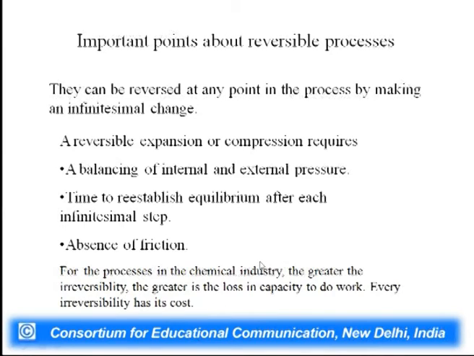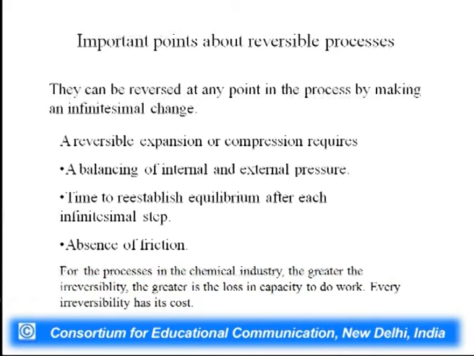What are the important points about the reversible process? These are a few very important things which we need to remember. They can be reversed at any point in the process by making a very small change, which is known as an infinitesimal change. A reversible expansion or compression requires a balancing of internal and external pressure.